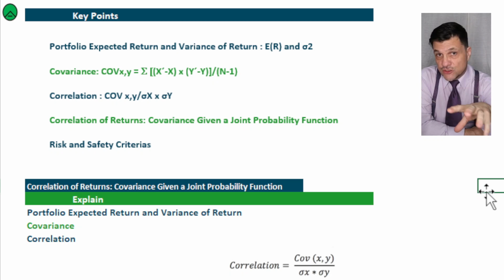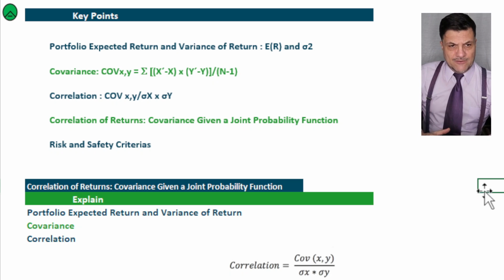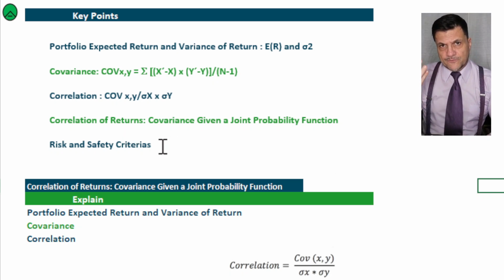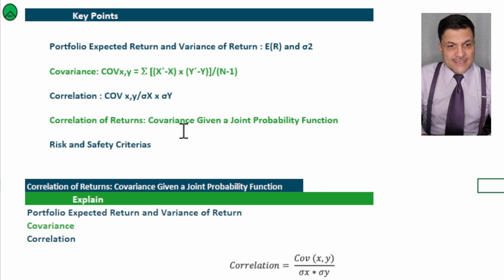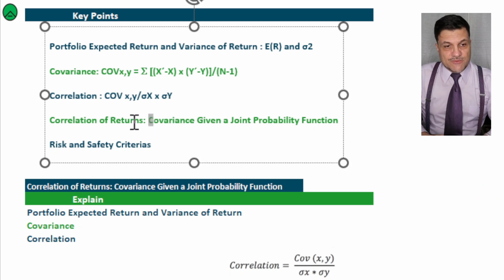I decided not to include an example here, but to talk about it and see if you can get what correlation of returns is, related to the covariance in a joint probability function. Correlation is the covariance standardized by the standard deviation. So that's the relation between correlation and covariance.